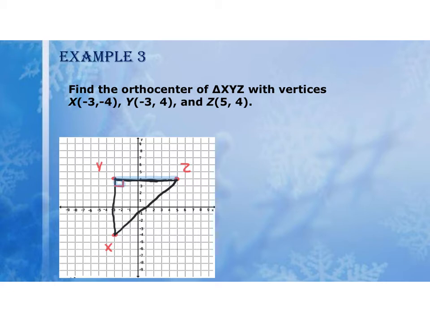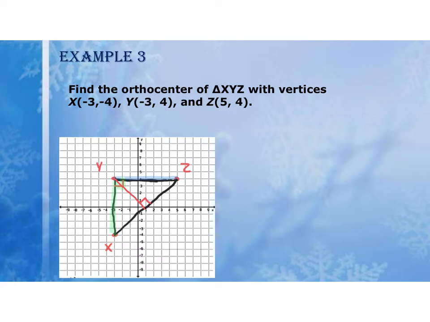Same thing here, this leg is also an altitude. And then the final altitude would be from vertex Y to the other side. And again, if it helps you to rotate your iPad to draw that perpendicular segment, that would be the 3rd altitude.